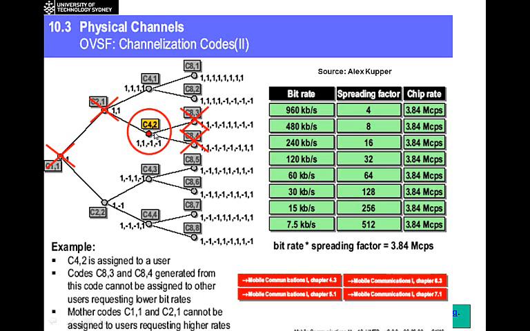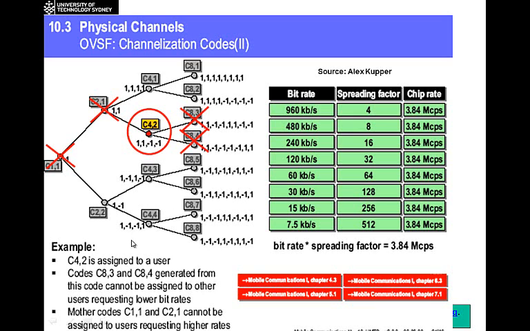If you were to allocate this code to a user, all of the parents of that code cannot be allocated to any of the users, and all of the children of this code, and remember this tree can go deeper, cannot be allocated to anyone. This is an important point.